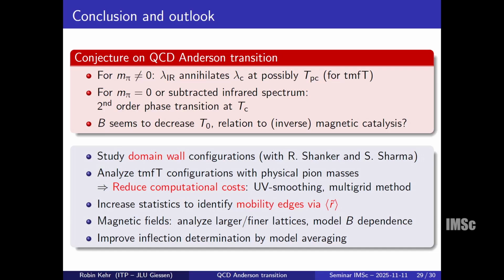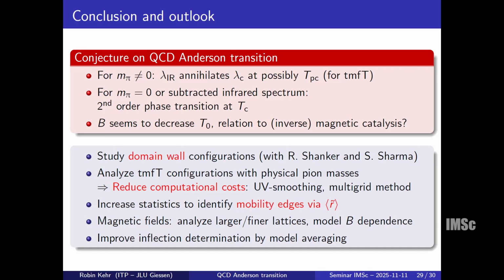So we have to reduce computational costs, and there are many ideas how to do so. One is UV smoothing, one is constructing a multi-grid method, since we have to solve a system of equations, and this is best suited nowadays for this, and used very widely in lattice studies already. And then it would be interesting to try to identify the mobility edge, or maybe both mobility edges if they exist.